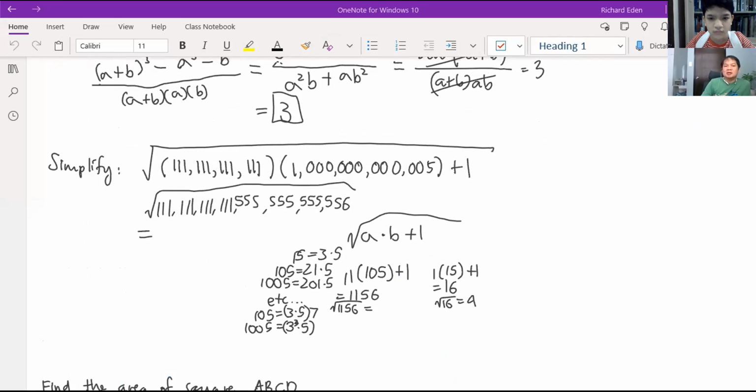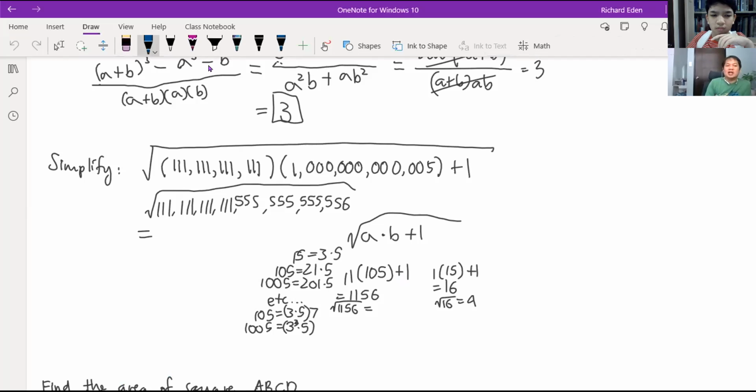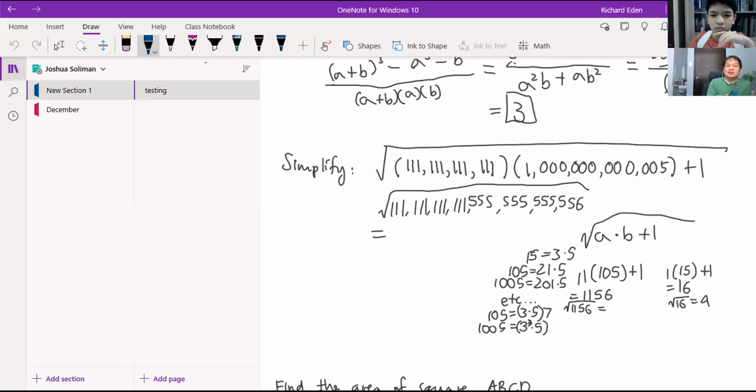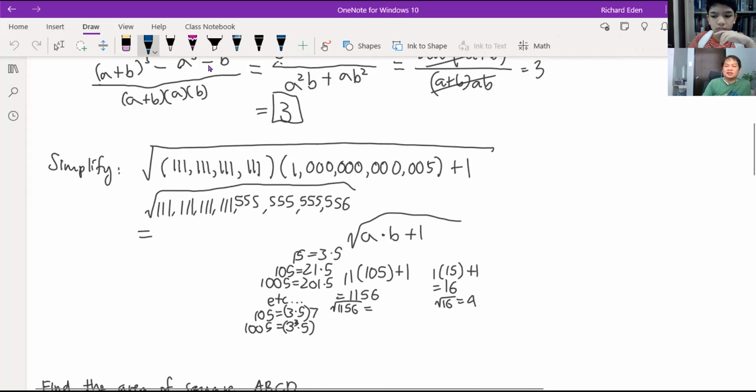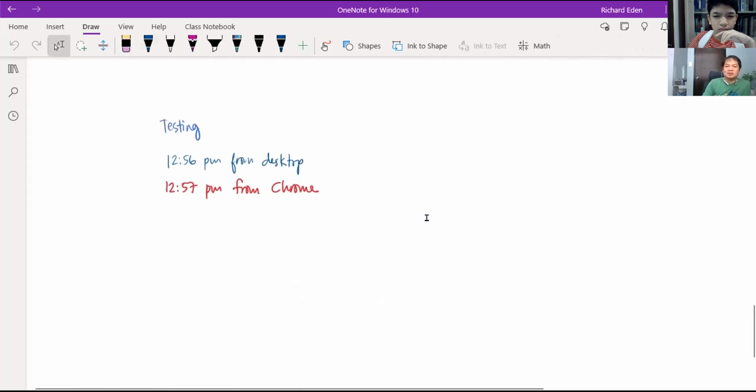Okay. By the way, my goal for these sessions is to focus more on problem solving versus exercises. So let me talk about problem solving versus exercises.